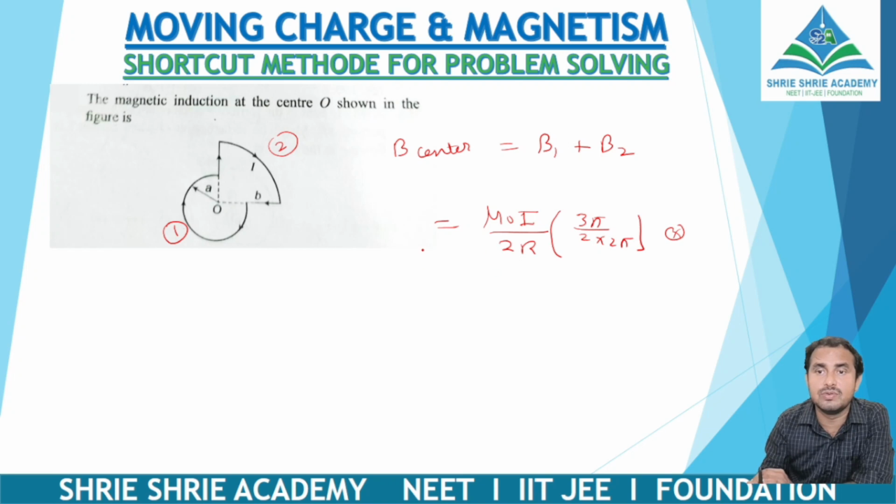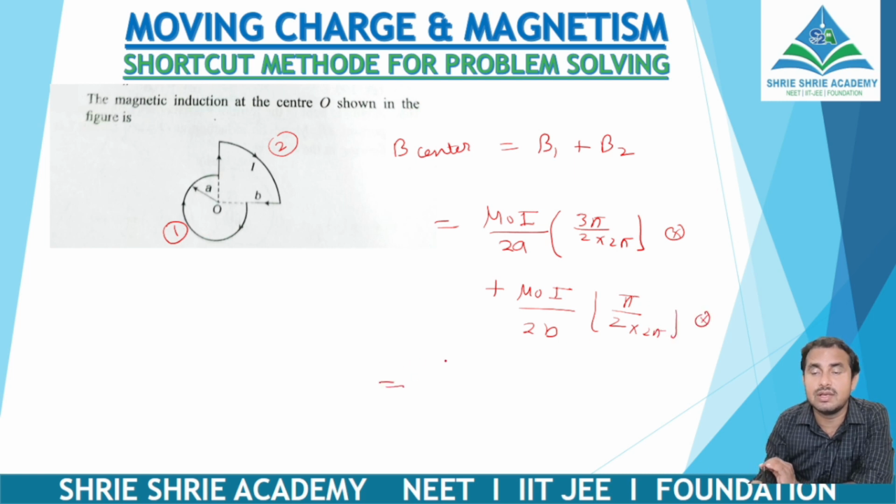Now the magnetic field due to the first one plus the second one: the current is going clockwise here also, so both are clockwise and they will add, and this is mu naught I. Here the radius for the first one is given as A, so we substitute A. For the second one, the same current I is there, the radius is given as B, so 2B into the angle pi by 2, since it subtends pi by 2 out of 2 pi, and both are into the plane.